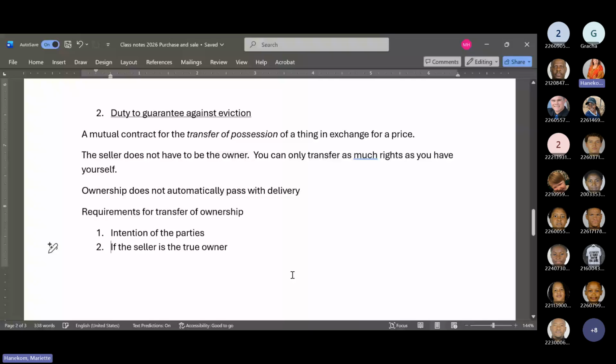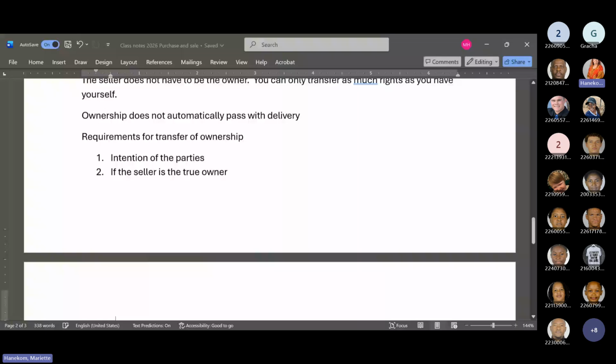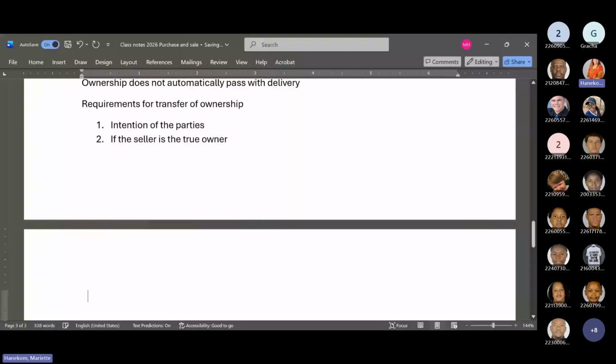Now, what happens? Because now I can see you starting to think, but now I have entered into a contract of purchase and sale. I did not know that the seller is not the true owner. Now I've paid for it and I cannot become the true owner. What happens to me now?